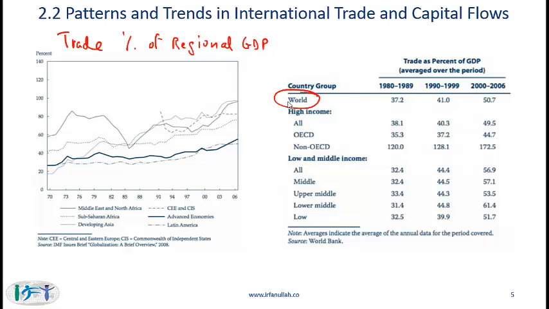If we look at the overall world, in the 80s, 1980 to 1989, the trade as a percentage of GDP was approximately 37.2%, and in this period 2000 to 2006 that number went up to over 50%, which is a substantial increase.